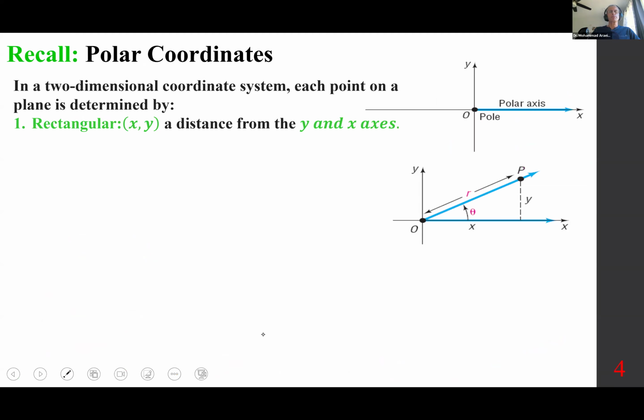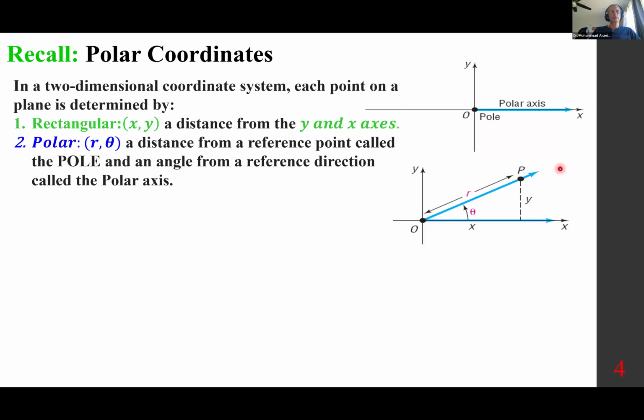Polar coordinates. In a two-dimensional coordinate system, each point on a plane is determined by either a rectangular format, x comma y, a distance from the y and x axes, so you have the grid x comma y, or polar, r comma theta, a distance from a reference point called the pole, the origin.